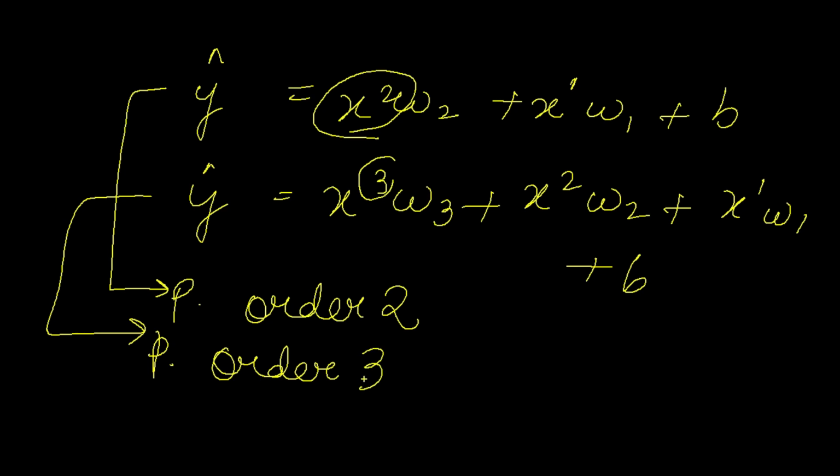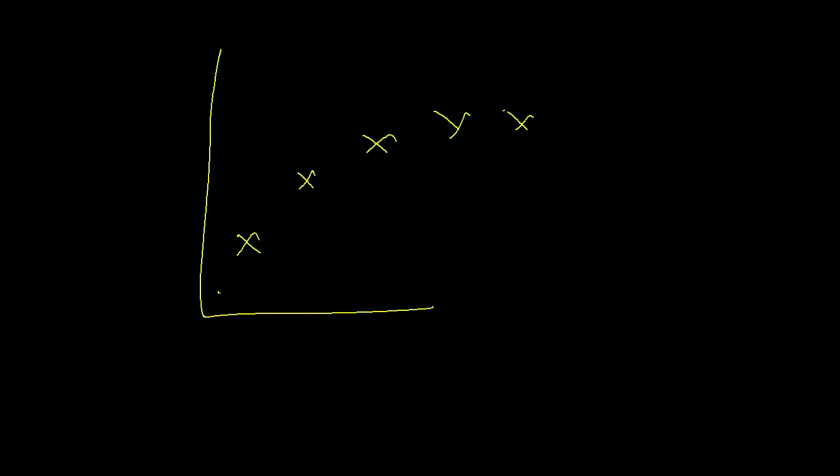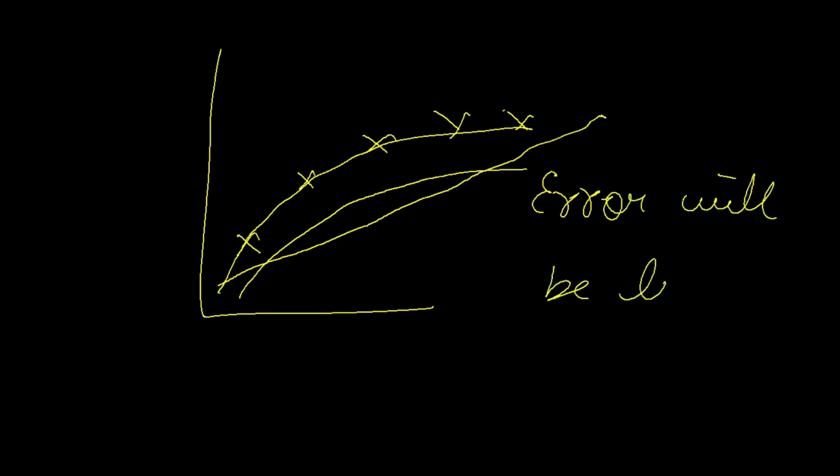Now, if we try to fit the second order polynomial equation to this data, it will be much closer, like this. It will be somewhat like this, or it can be like this, but it is far better than this linear equation. So in this case, our error will be low.